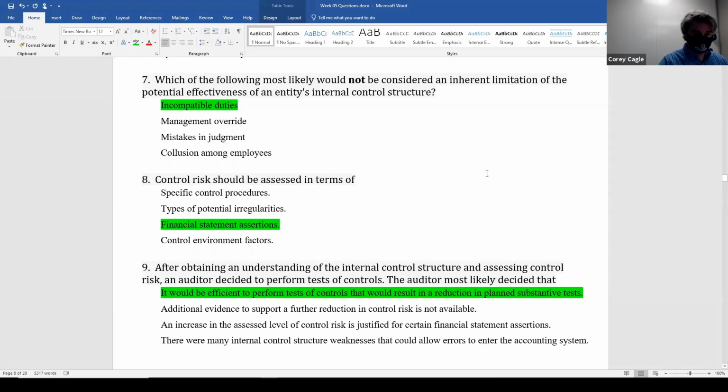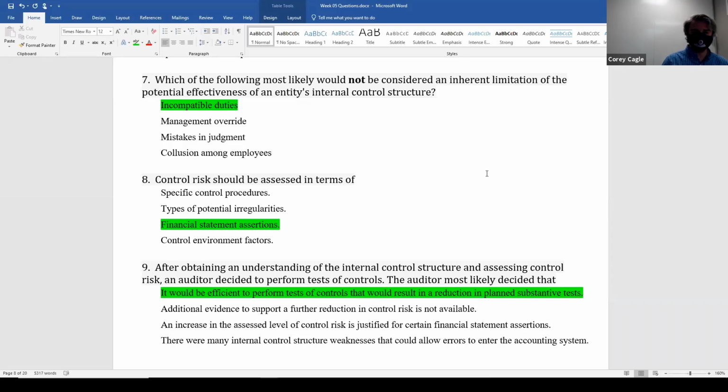7 makes a good point, because I don't know if we've mentioned it yet. Which of the following would likely not be considered an inherent limitation of internal controls? If you don't have this in your notes, it's worth mentioning because these are classic things. Inherent limitations of internal control are management override of control, human error, and collusion.